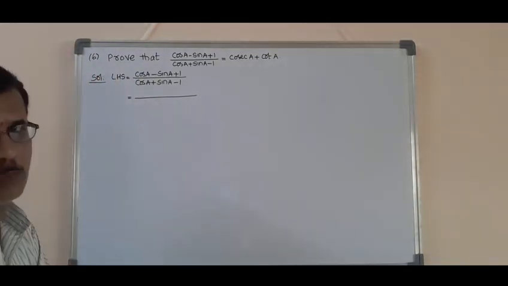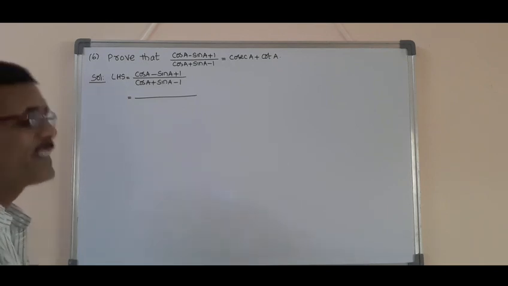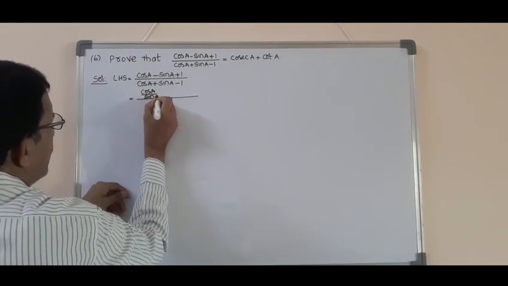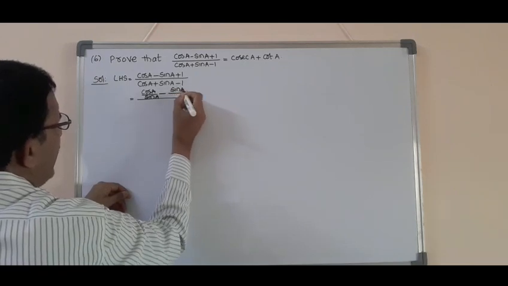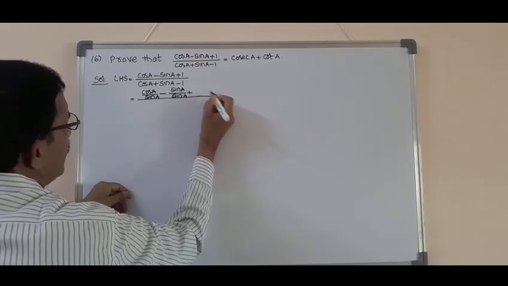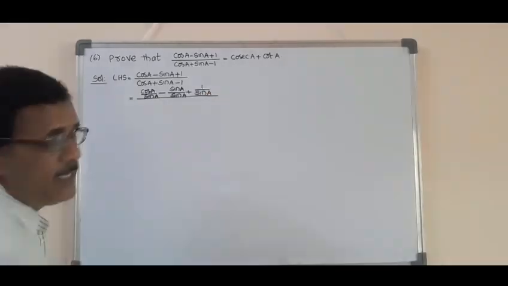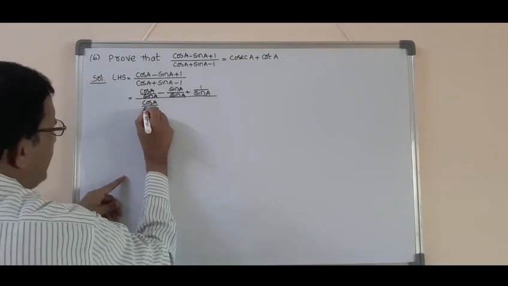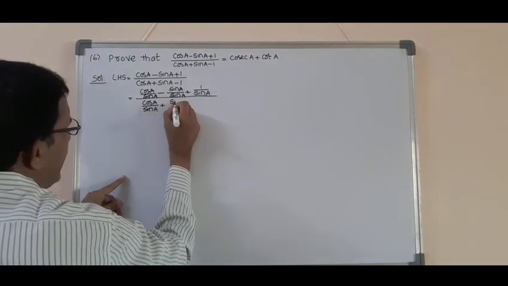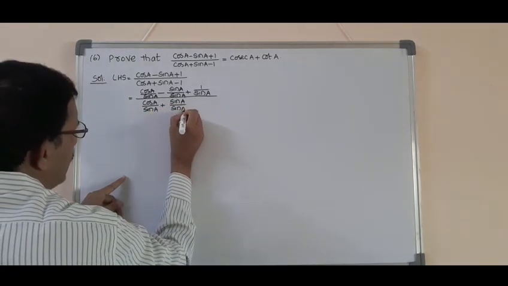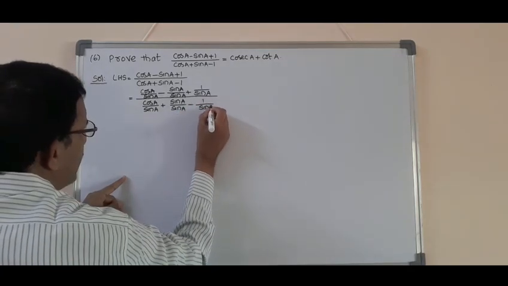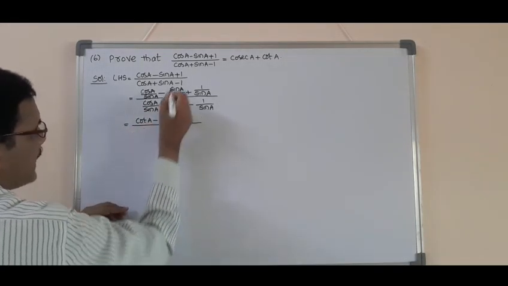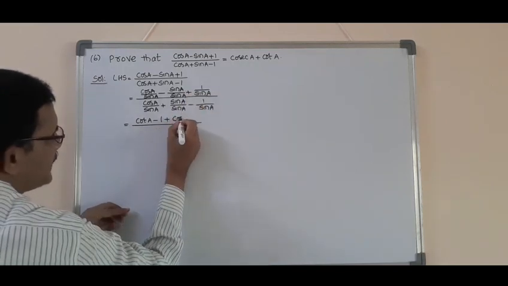Suppose if we divide each term of the numerator and denominator by sin A, we will get cos A by sin A minus sin A by sin A plus 1 by sin A, dividing each term by sin A. In the same way in denominator, cos A by sin A plus sin A by sin A minus 1 by sin A. This is equal to cos by sin cot A minus sin by sin 1, 1 by sin cosec.